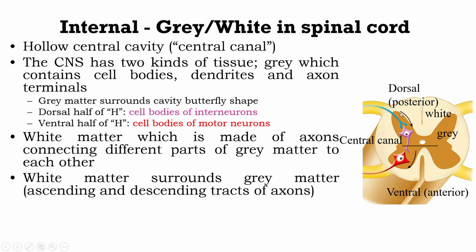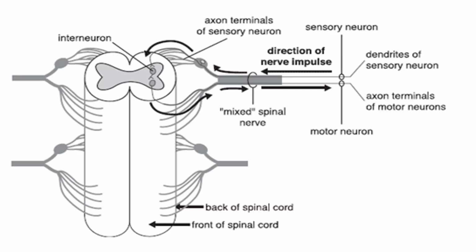So the dorsal component, or this posterior half, is known for sensory synapsing, whilst the anterior component or ventral component of the gray matter is actually for motor neurons that leave the spinal cord to go and synapse on particular areas to cause motor movements. So that is what I want you to get out of this picture.